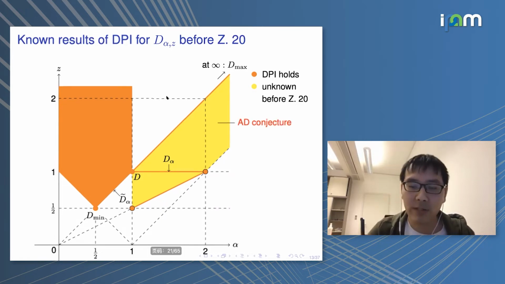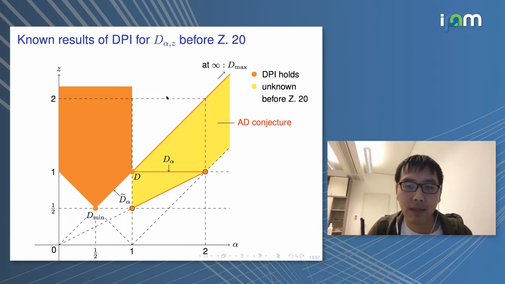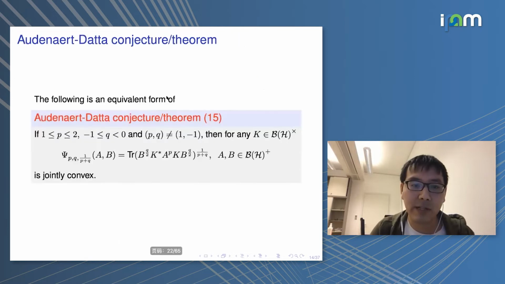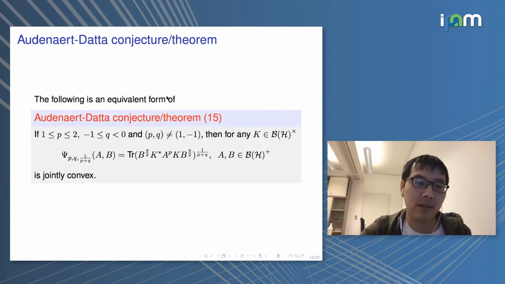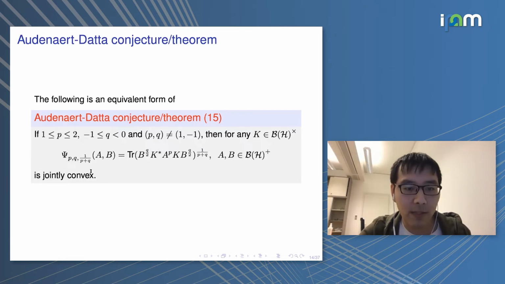So the question is, in the yellow part, whether the data processing inequality holds or not, or equivalently, whether some convexity or concavity is satisfied or not. And this is actually our second conjecture, by Audenaert and Datta: for some P and some Q, whether this family of trace functionals psi PQ, 1 over P plus Q, is jointly convex or not.